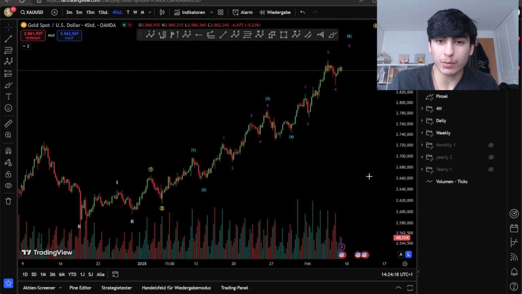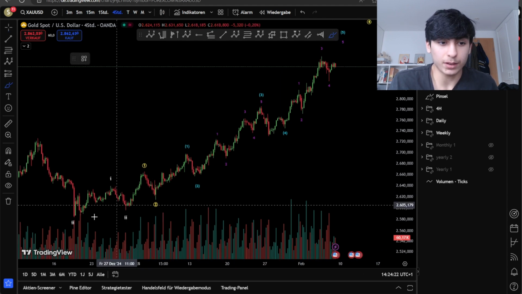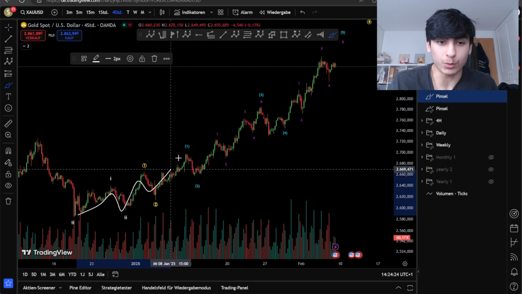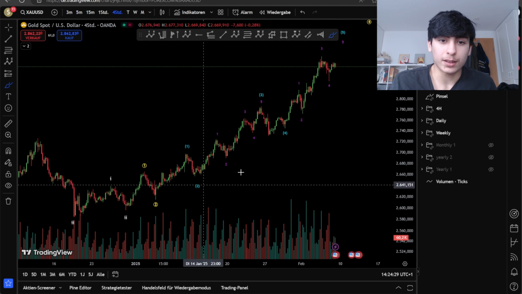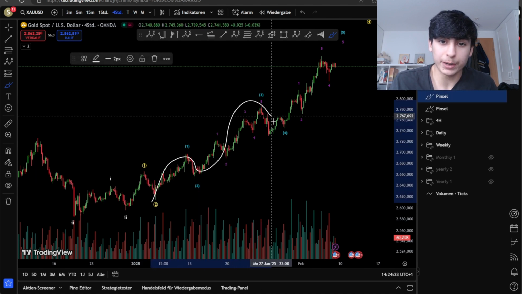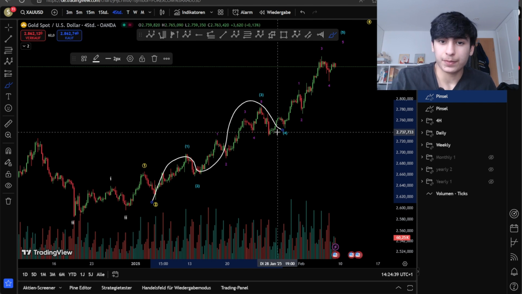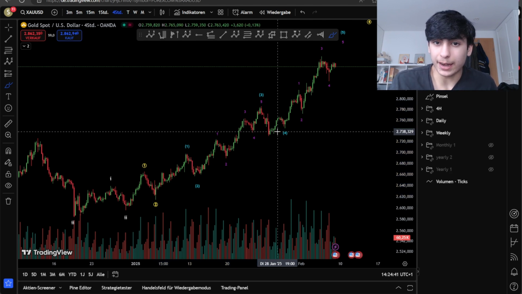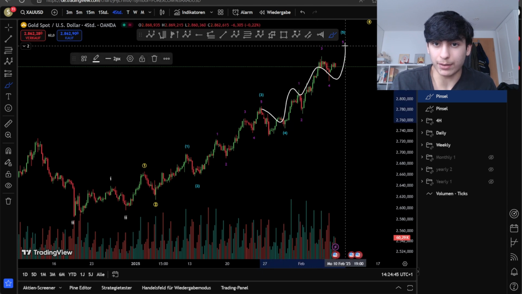If we try to count the wave 3, I counted it with a multi 1, 2, counting this as a wave 1, 2, 1, 2, 1, 2, 1, 2, 3, 4, 5. So the pink count is finished. And 1, 2, 3, 4. We're looking right now to finish the blue count as well. So in this count, we then have the 3, 4, 1, 2, 3, 4, 5.